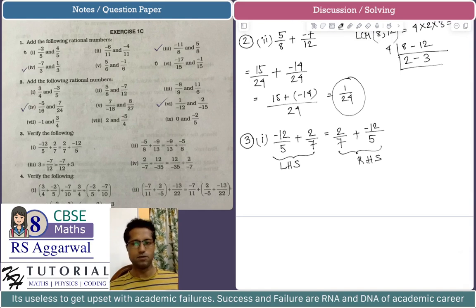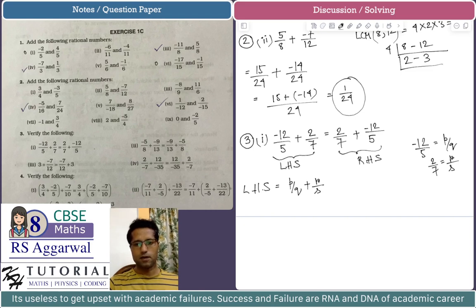I can see clearly that if you consider minus 12 by 5 as the rational number P by Q, and 2 by 7 as the rational number R by S, LHS is equal to P by Q plus R by S. And what is RHS?